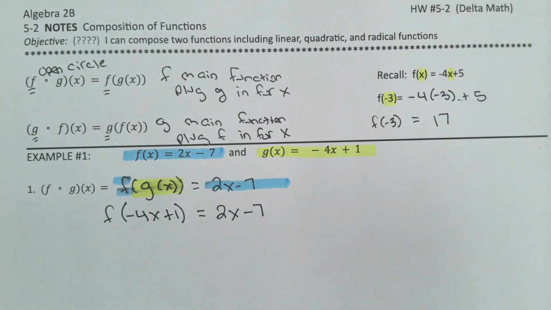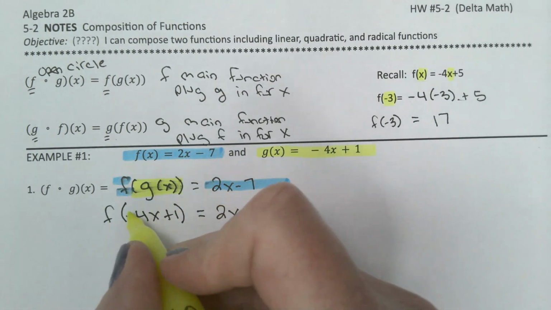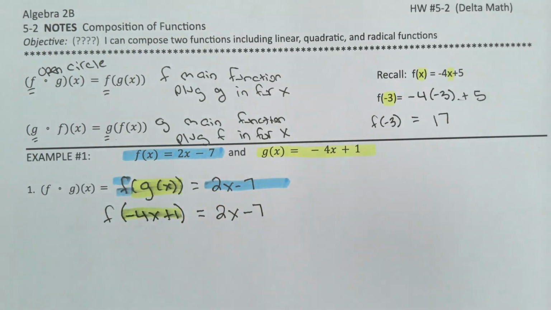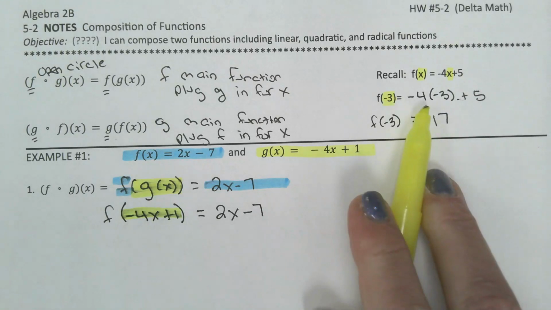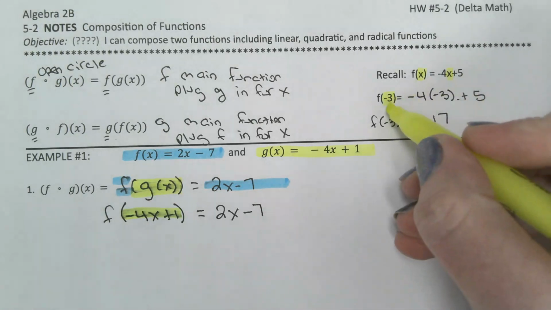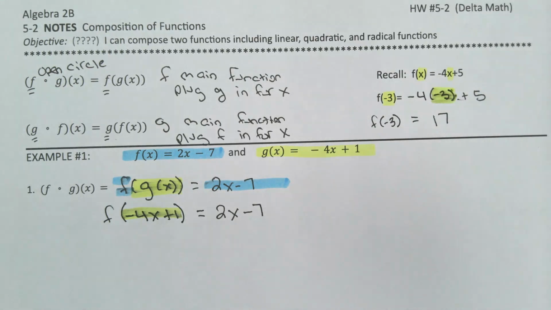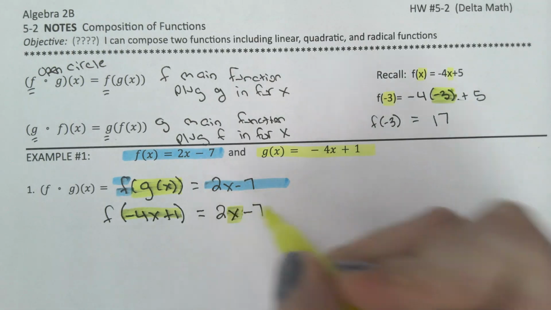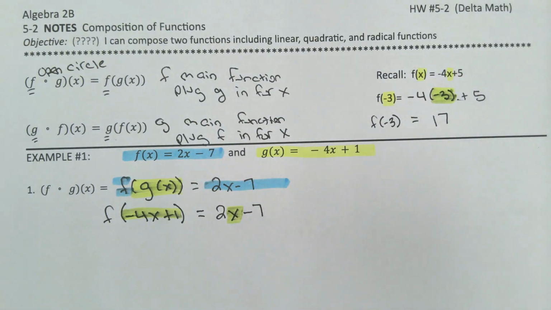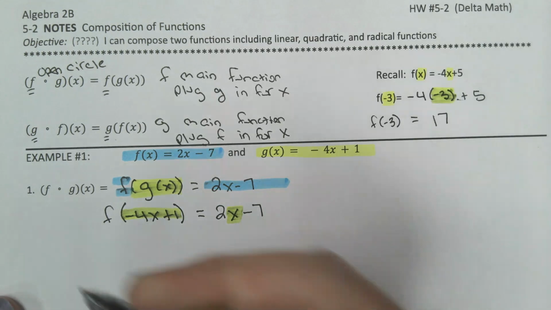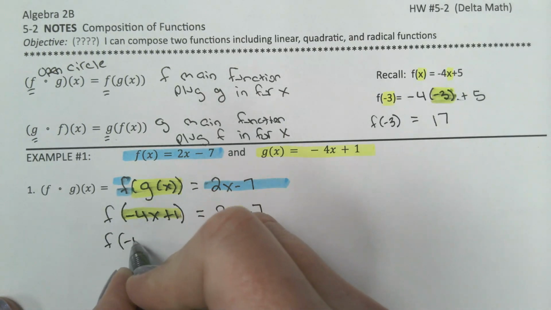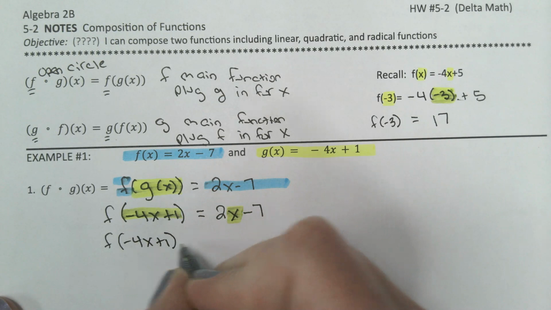So g of x and negative 4x plus 1 are the same thing. Just like we did here, whatever you have right there, you plug in place of x. And so yellow is going to replace yellow right here. So f of negative 4x plus 1.